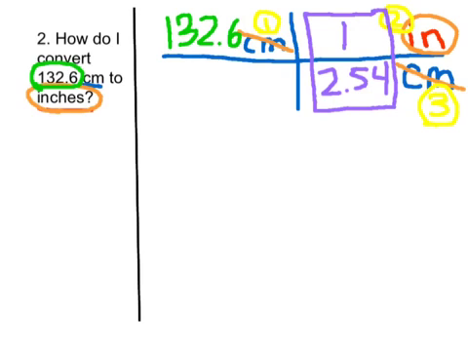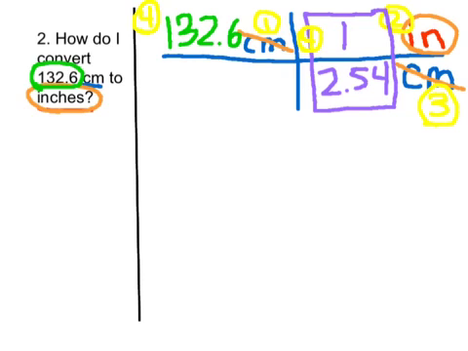Okay, and so there we had step number 4. We put our original number that we're given and our conversion numbers here, on this side, for step number 4. And now step number 5 is, you guessed it, do the math.